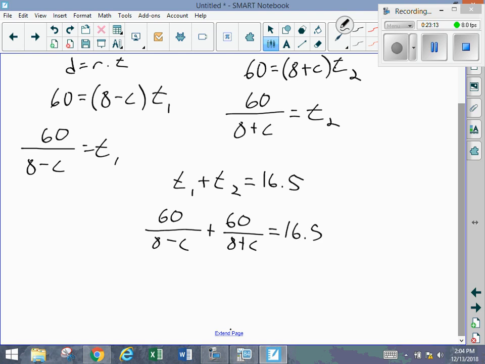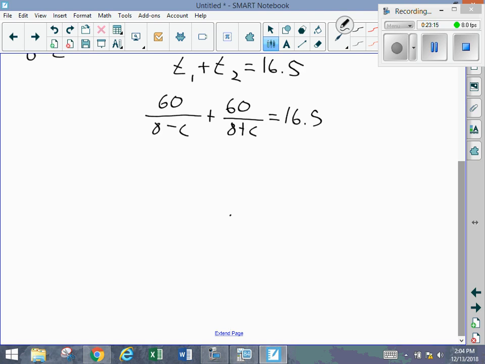Let's find a common denominator. What's our common denominator? It's 8 minus c times 8 plus c.